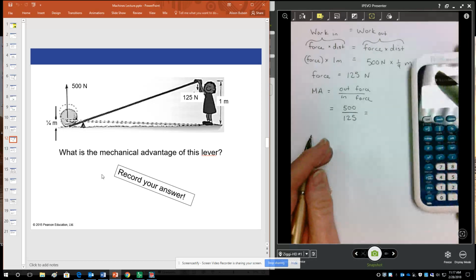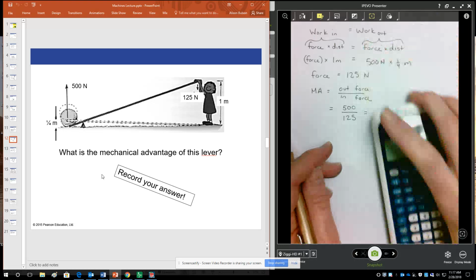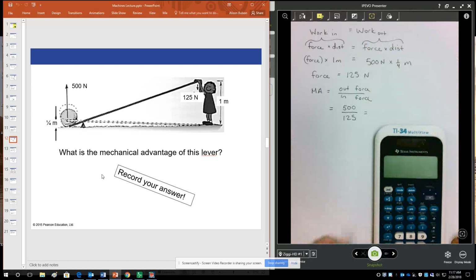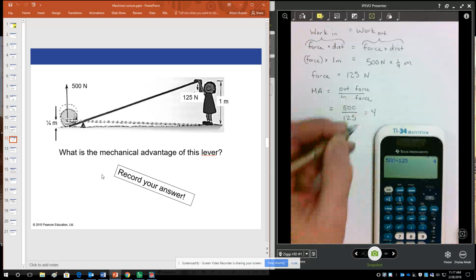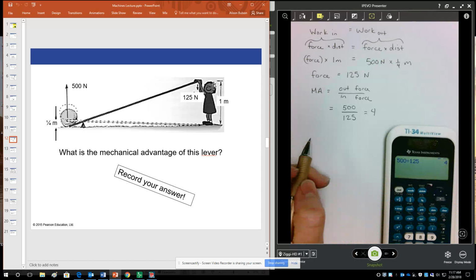In fact, I'll need the calculator a few times. The glare may make it so that you can't see the screen. Let's see if I can, there. Okay. So we have 500 divided by 125, and that's equal to 4. So the mechanical advantage of this lever is 4. That means she can increase her 125 Newton force by a factor of 4, lifting a maximum of 500 newtons.